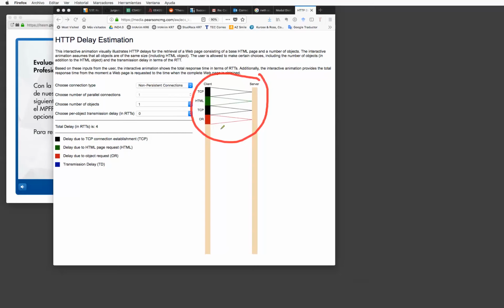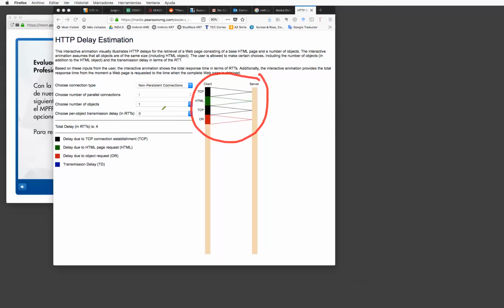So if I ask you to identify this network or this drawing, and I told you there were 4 objects on this web page, I want you to tell me if it's persistent or not, and then I want you to tell me if there's parallel connections, if it's not persistent, or pipelining if there is. Parallel and pipelining are the same thing as far as we're concerned, and they will be on the exam as well.